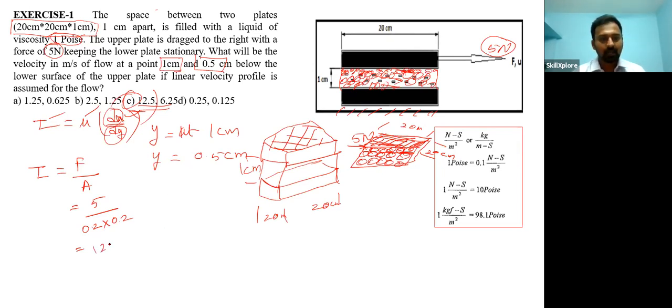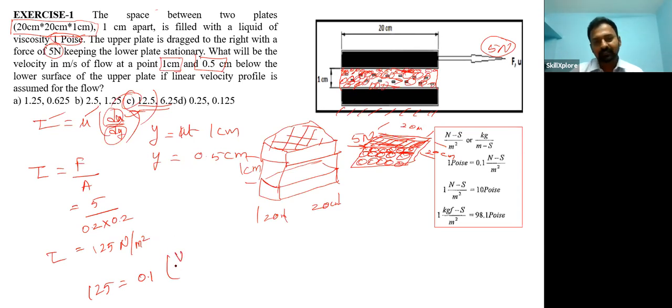The stress is 125 Newton per meter square. Okay. So this is the stress value. If you apply the stress value here, 125 is equal to mu, which we can take as 0.1, into du.